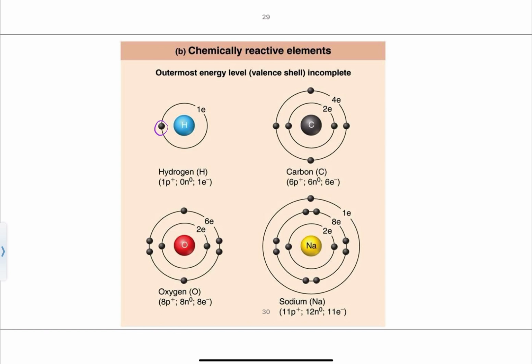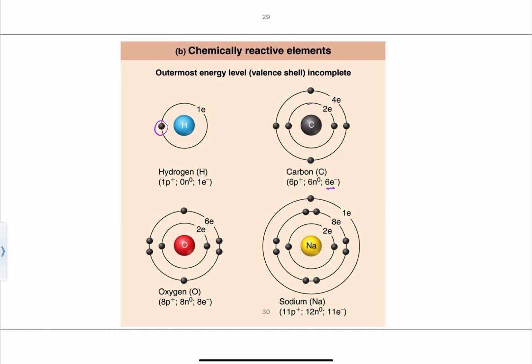So it has an incomplete valence shell. Carbon is another example. So it has 6 electrons. We filled our first energy level with our 2, which is the max that it can hold. Then we moved on to the second energy level, and we see we only have 4 instead of 8. So technically its valence shell could hold 4 more electrons.